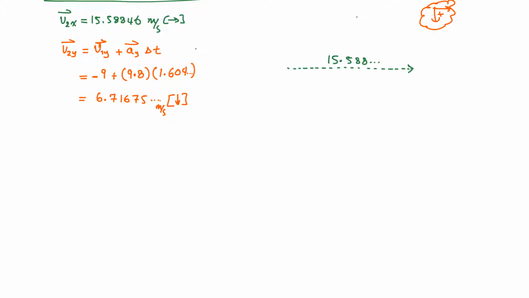And my y component of velocity is going downwards, and it's got a magnitude which is smaller than 15. It's 6.71675. So I'll write that, and I'm going to do the final solution in purple. And my final vector starts from the initial point and goes to the very end. And this is going to be my final velocity. And here's going to be its angle.